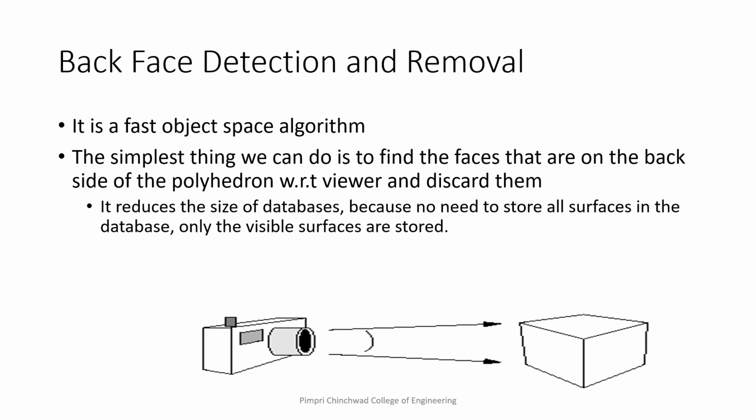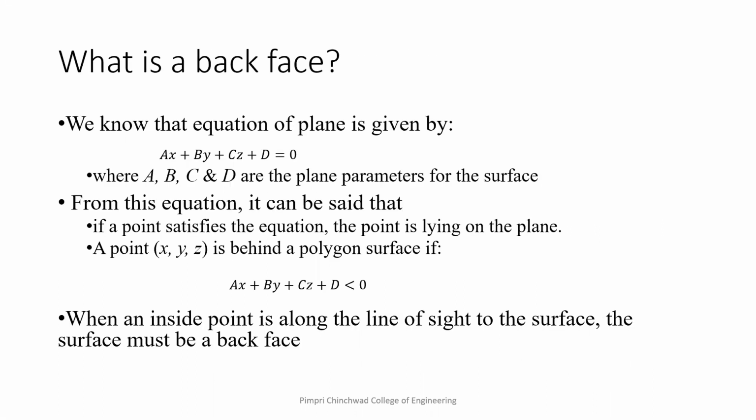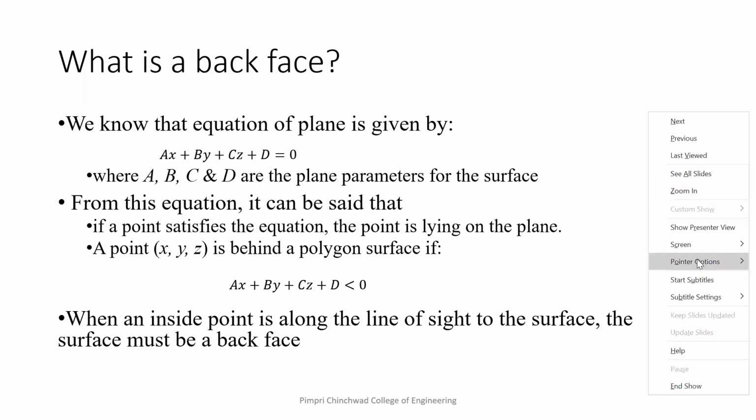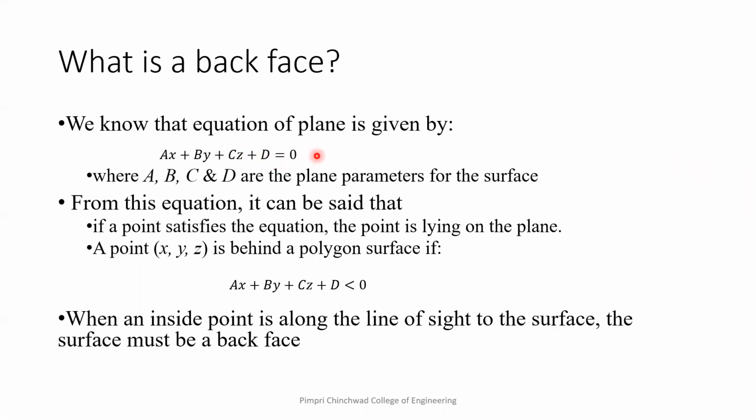So basically, what is a backface? We know that the equation of a plane is given by the equation ax plus by plus cz plus d equals 0, where a, b, c, d are the plane parameters for the surface. So from this equation, it can be said that if a point xyz satisfies the equation, the point is lying on the plane.